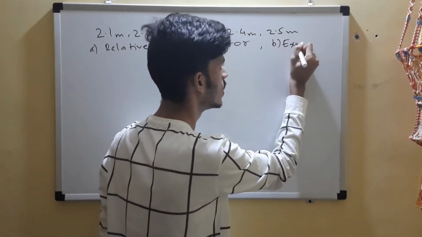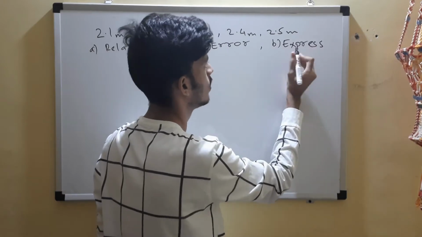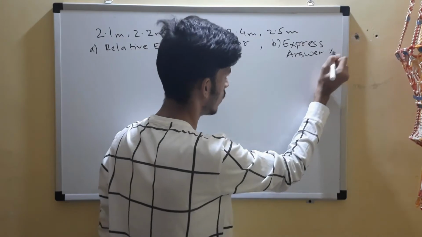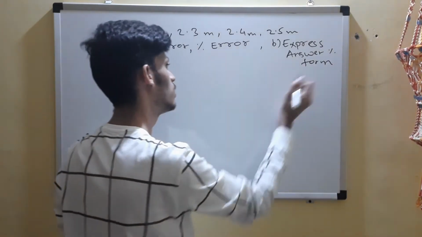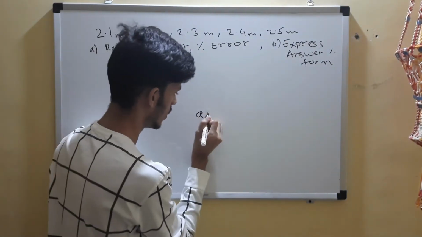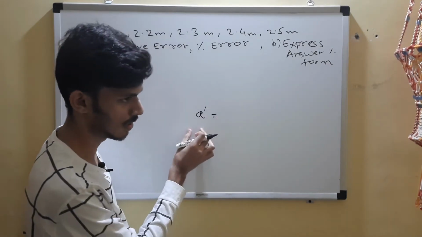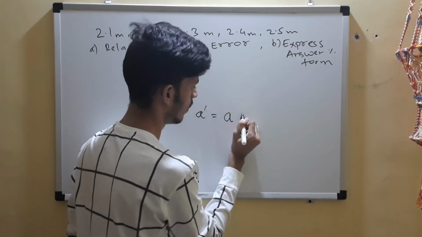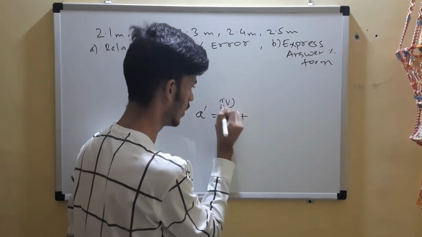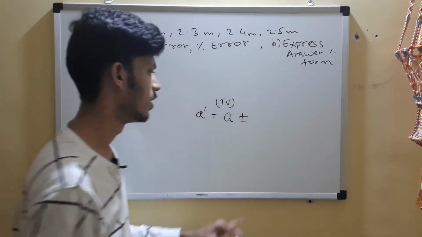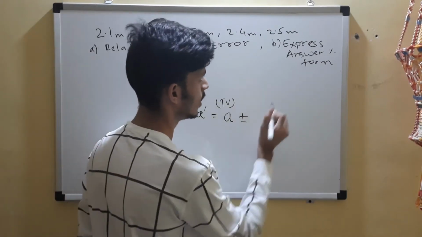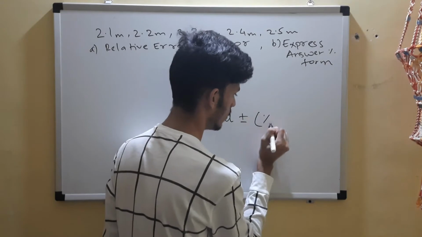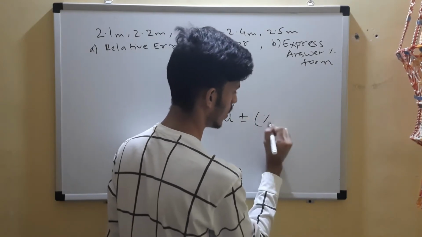So one thing which I forgot to mention was how to express your answer, for example in percentage form. Suppose your answer is A, you write A equals TV plus or minus your error, whatever error they say. Here they have said percentage form, so you add or subtract the percentage error.